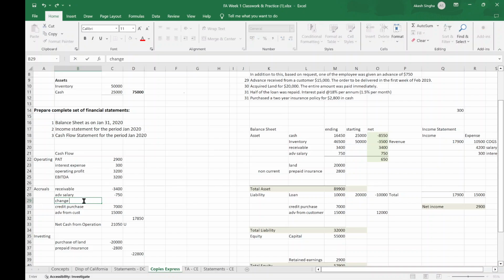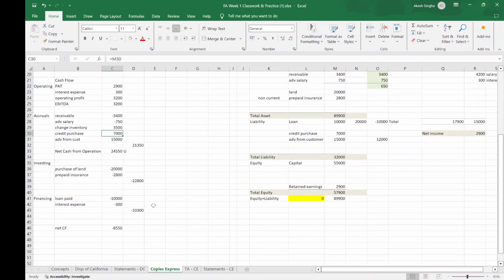Change in inventory should also be there. Inventory got decreased, so we got money out of it. So it should be positive, right? Minus this. Sorry, inventory got decreased, yeah, so we got cash out of it. So yeah, now it's fine.